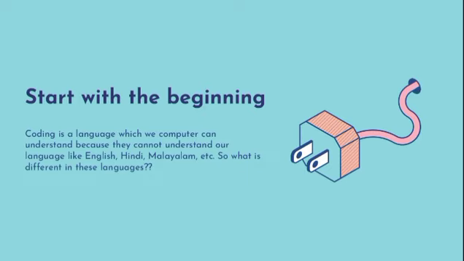So coding is a basic language which computers can understand, as written here, because computers cannot understand English. Now you will say that when we search in Google, we can search in any language. That's because we told the computer in its own language, the coding language, what the meaning of each word is.